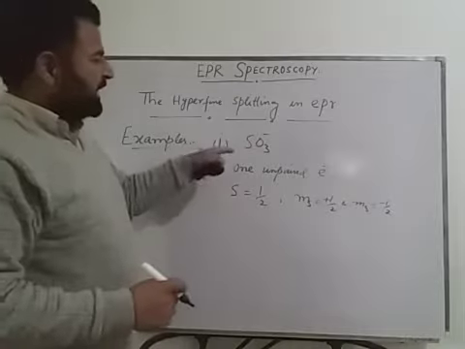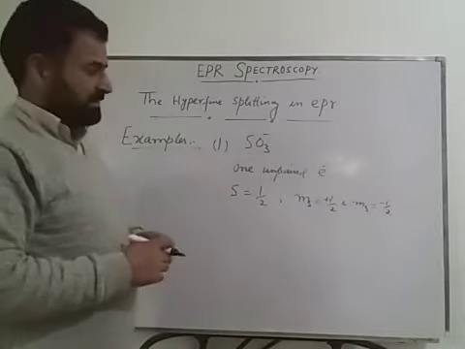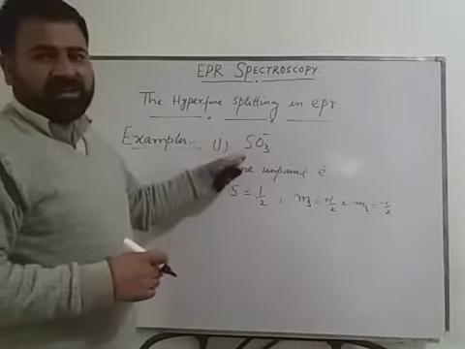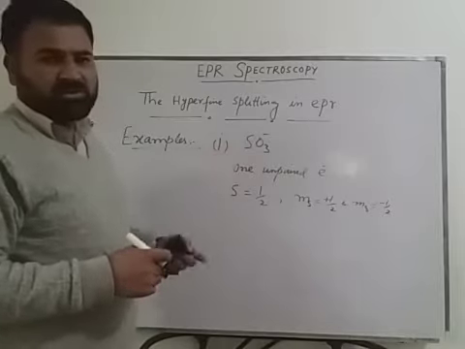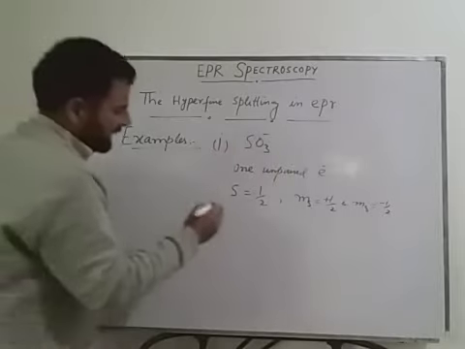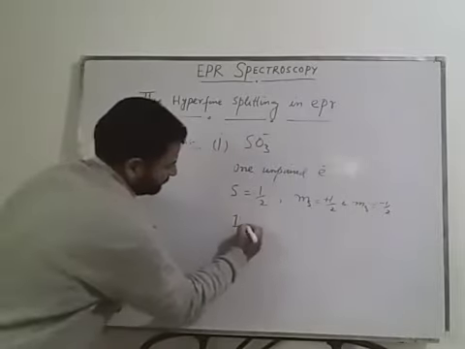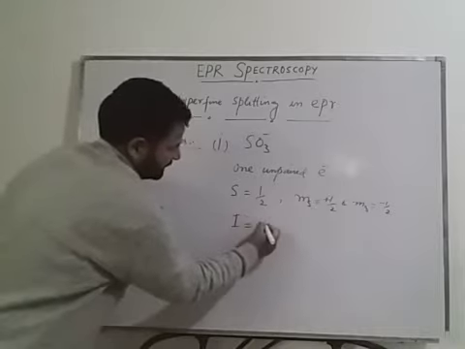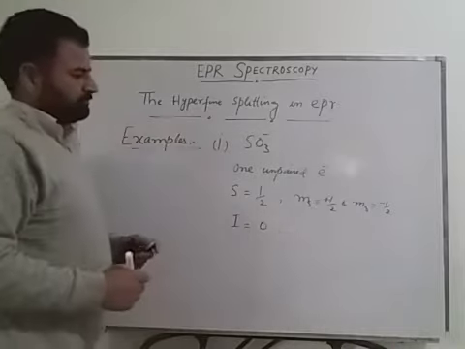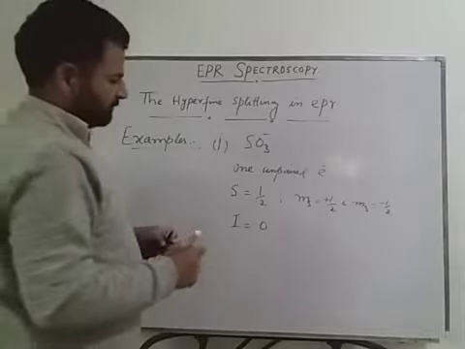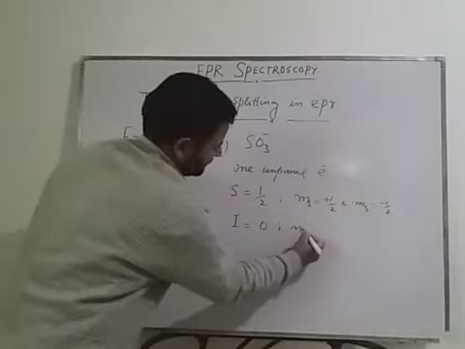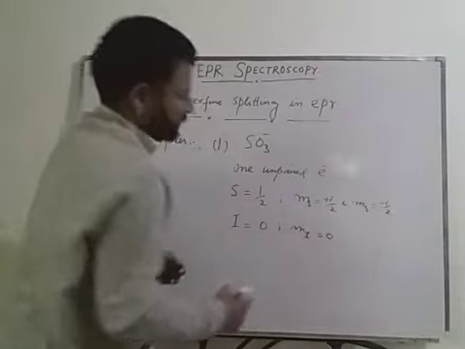But it has no nuclear spin, because sulfur has no nuclear spin, and oxygen also has no nuclear spin. So I is equal to 0, so mI will also be equal to 0.